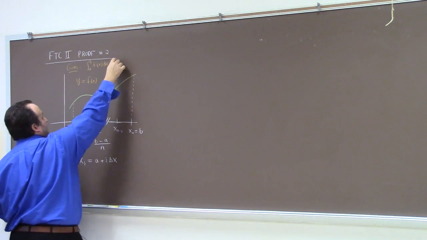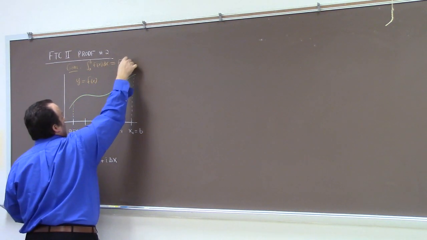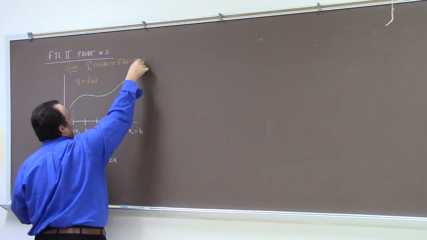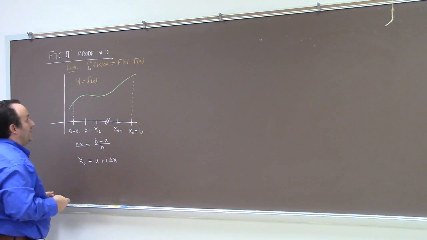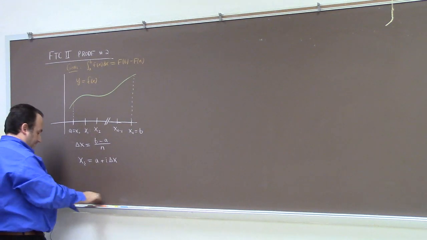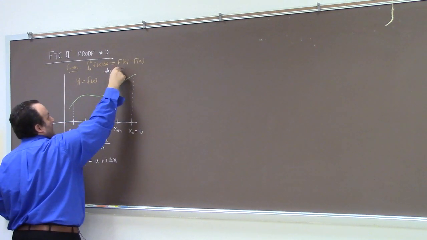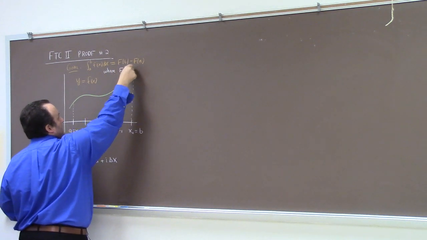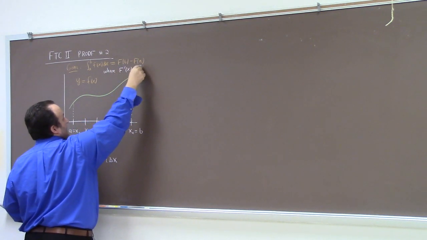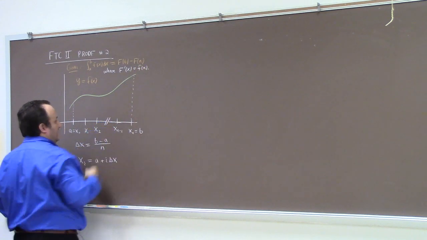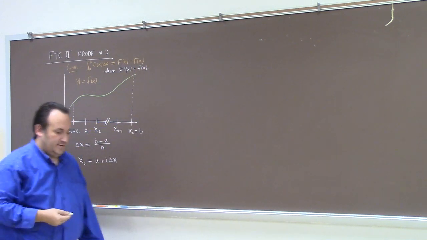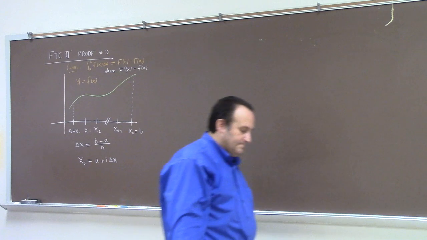We want to show that that's equal to big F of b minus big F of a, where big F prime of x is equal to little f, right? So big F is an antiderivative of the integrand, which we're trying to find the area bounded by the graph of.